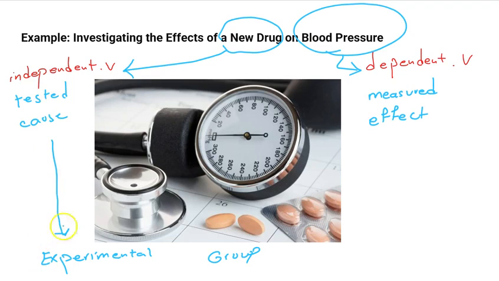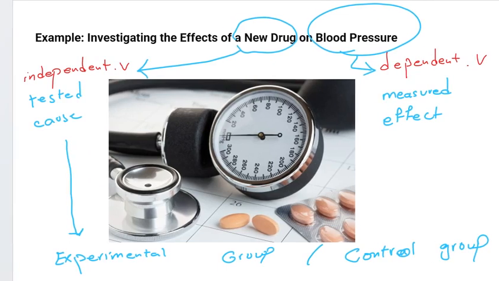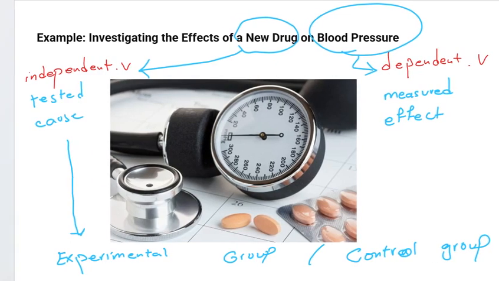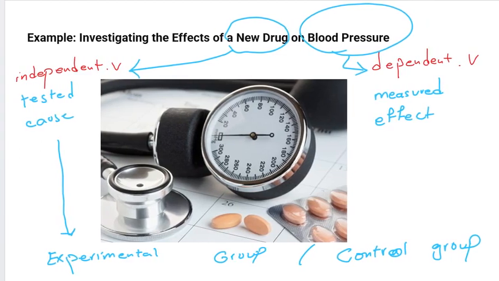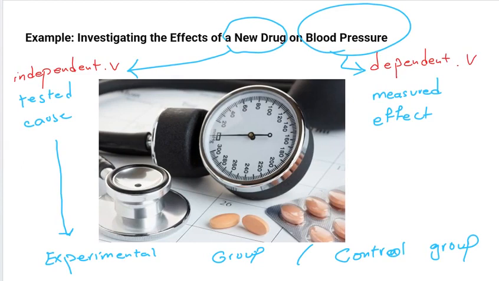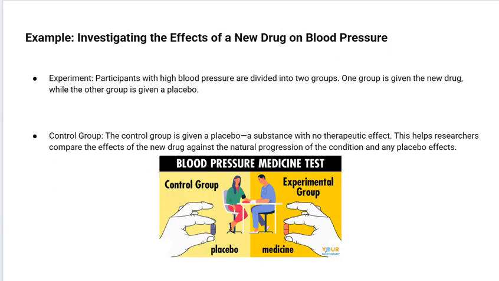So the independent variable would be put in our experimental group, and our control group is the one without the new drug. We can actually use a drug with no therapeutic effect, which is going to be our placebo. Okay, so let's see what our experiment would be.